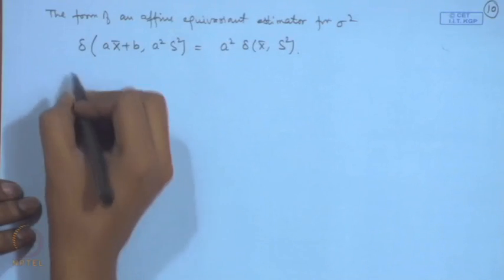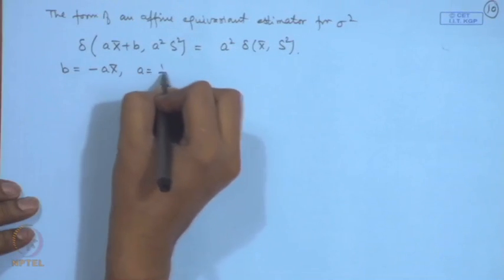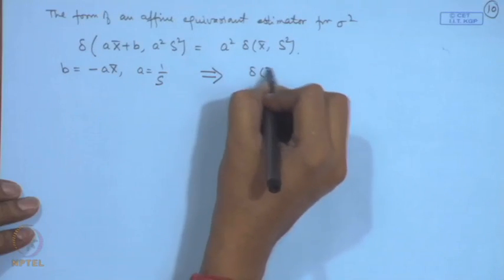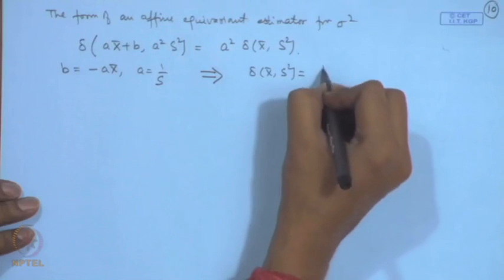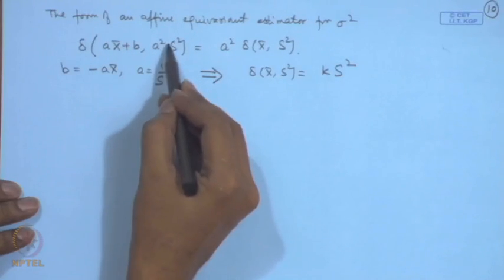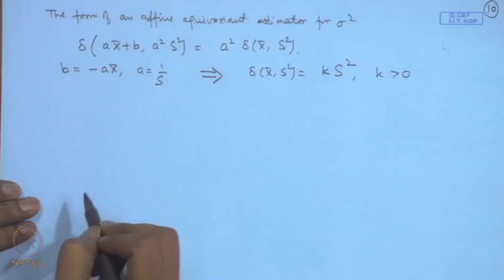So, you choose b equal to minus a x bar and a equal to 1 by s. Then this will imply that delta of x bar, s square is nothing but a constant times s square, because this will become 0, this will become 1. So, delta k is k s square, where k is a positive real.